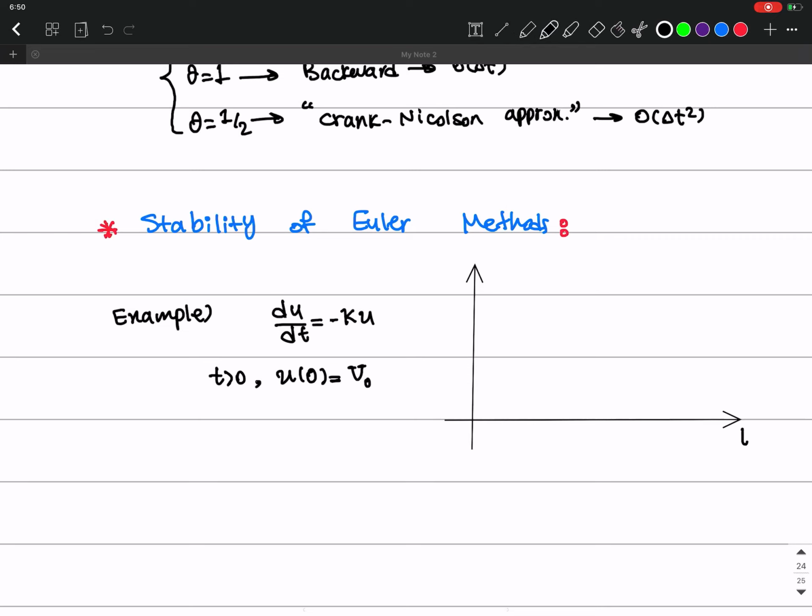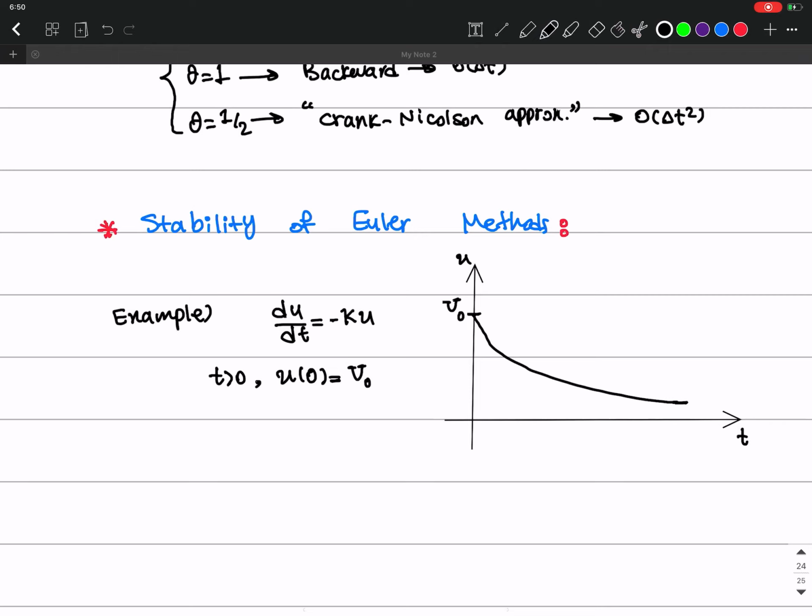So this is time t, and this is u0, so u0 at time 0, and this is u. Okay, so the analytical solution, if you solve it, is going to be something like this. And now we want to solve this numerically with these Euler methods.